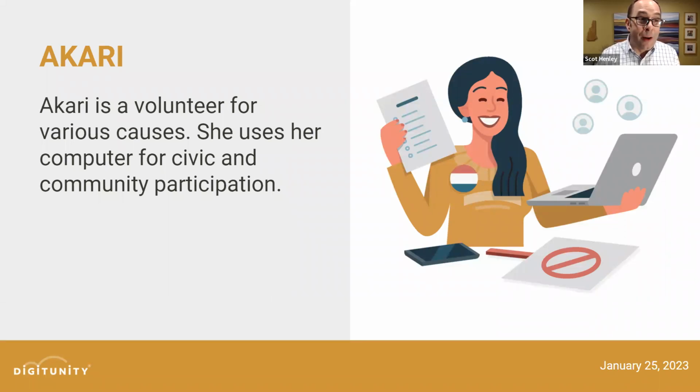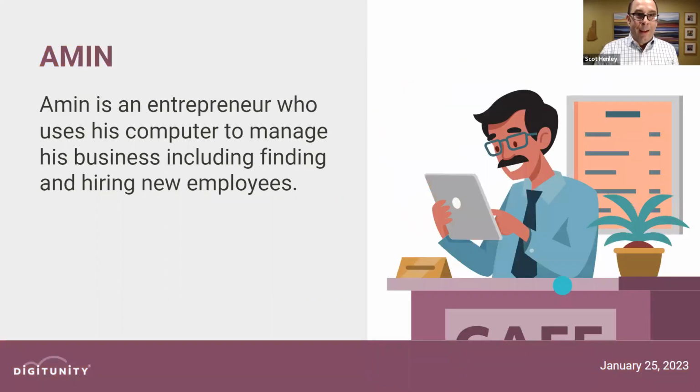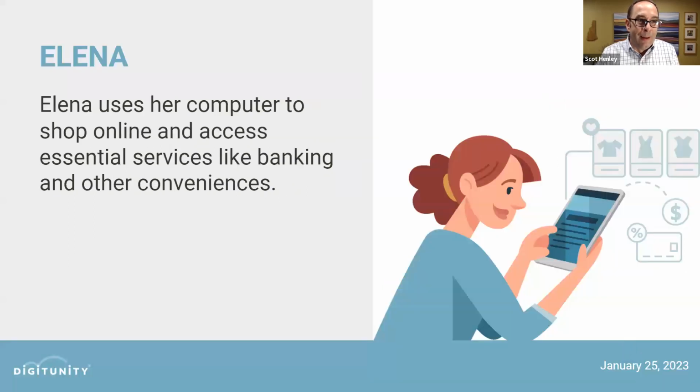She's able to connect with others and participate using her computer. And Amin, who's an entrepreneur, was able to start a business or manage a business or find employees using his computer. And Elena, who uses her computer to shop online, to do other commercial things like banking and insurance and retail sales and all the other things that you can find online.